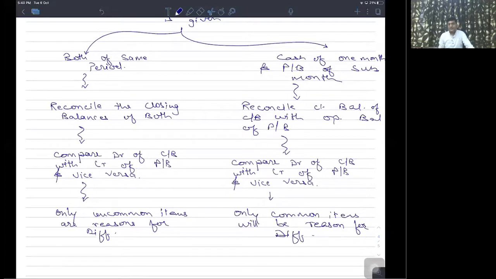Did you people understand this? When you are given the cash book as well as the passbook, in that case you are supposed to do it like this. Can you raise hands for me if that is clear?